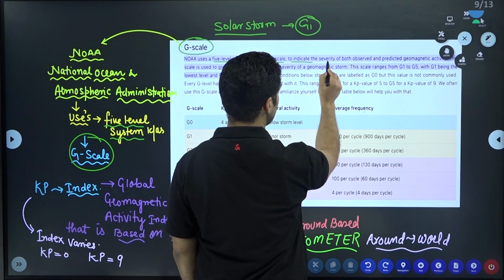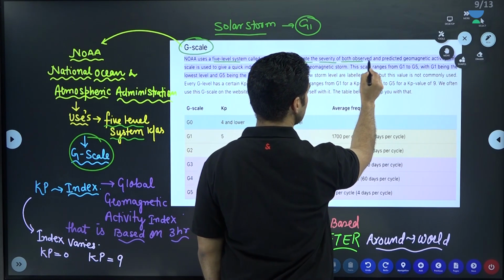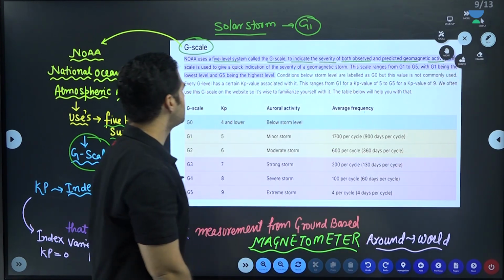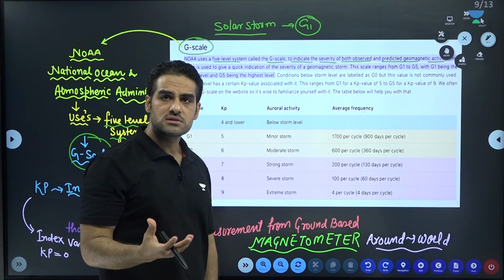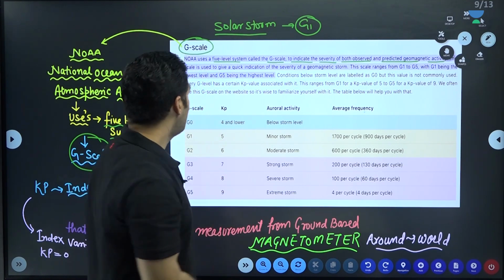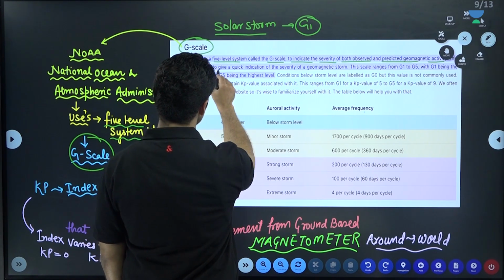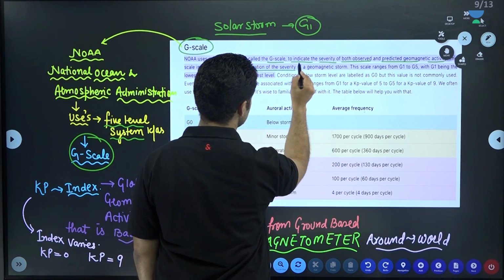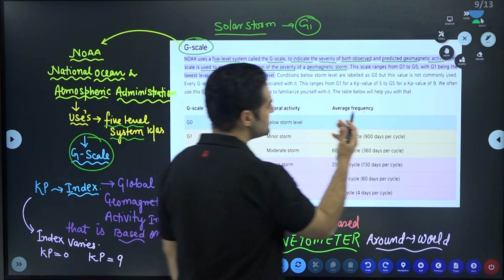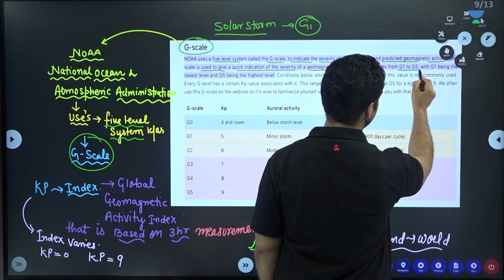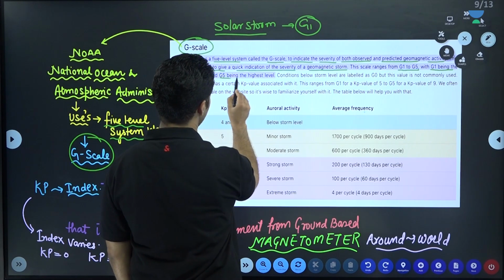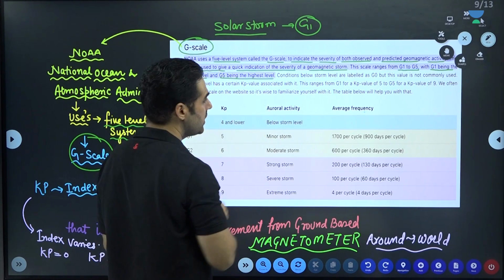It is to indicate the severity of both observed and predicted geomagnetic activities. The scale is used to give a quick indication of the severity of the geomagnetic storm. This scale ranges from G1 to G5, G1 being the lowest level and G5 being the highest level.